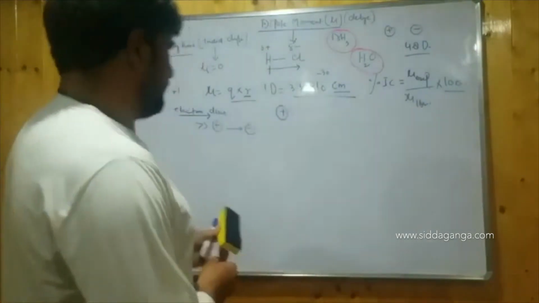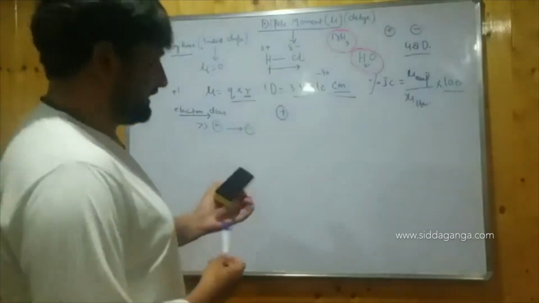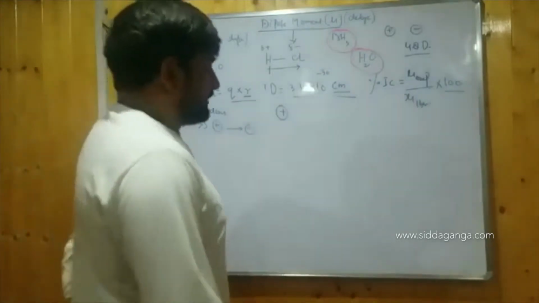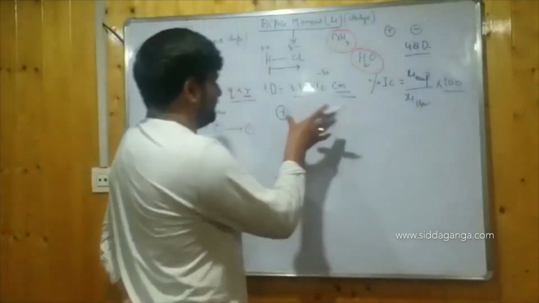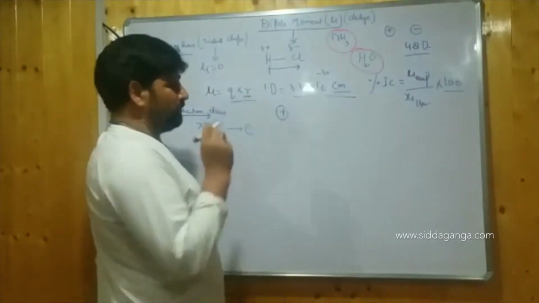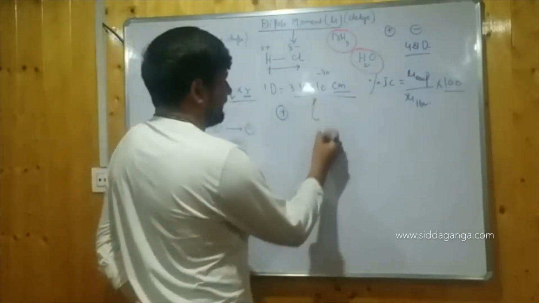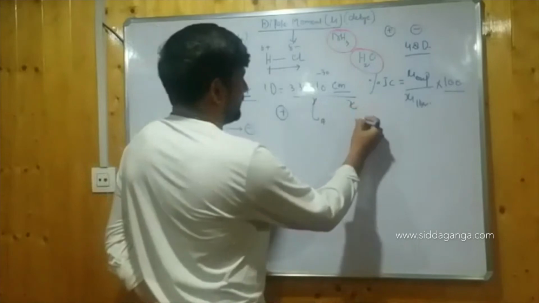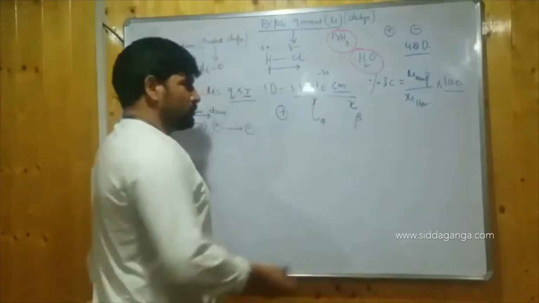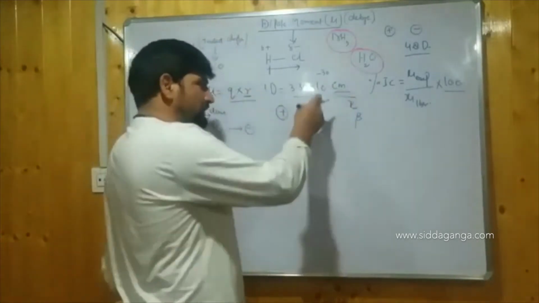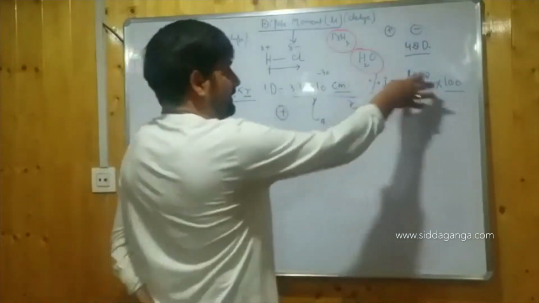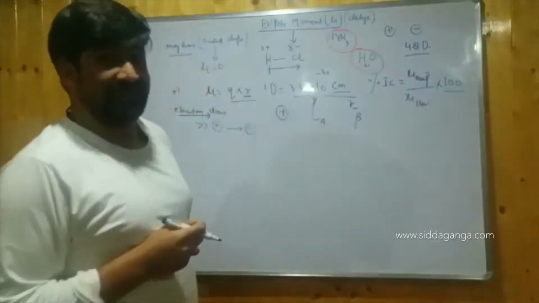Yes, there is one more way in which you can calculate percentage ionic character. And what is that? If we have not been given the values of Q and R, but what has been given is the electronegativity of atom A and electronegativity of atom B, is there any chance to find out percentage ionic character in that covalent bond?